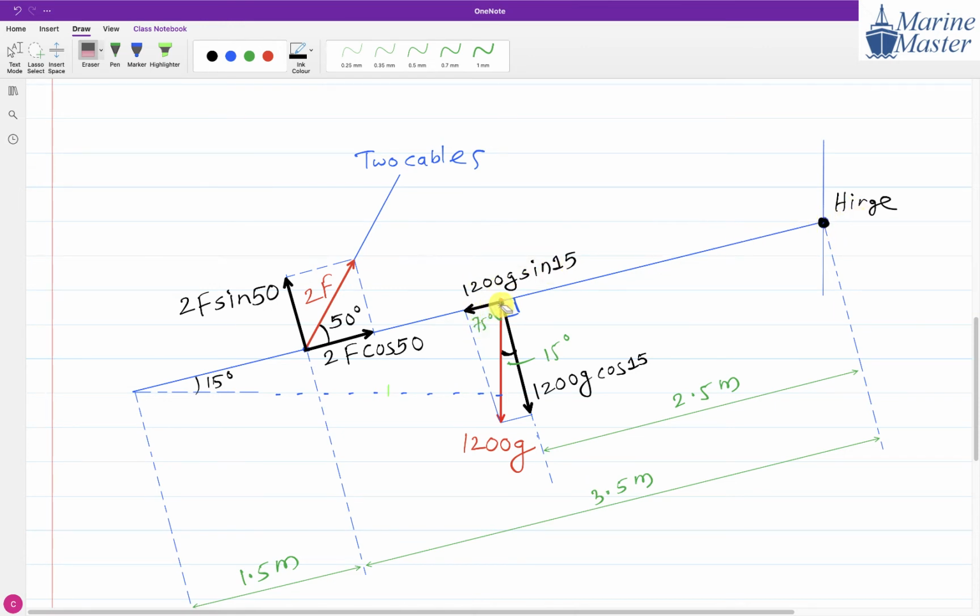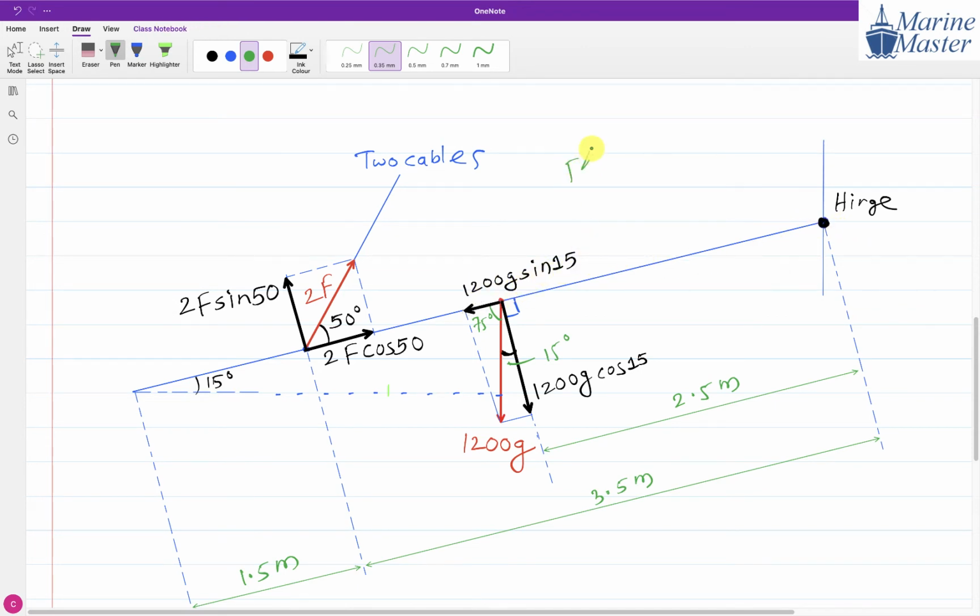It will be 0, sir. Why 0? Because the perpendicular distance is how much? For 1200 G sin 15, it is 0, na? This 1200 G sin 15 is directly going to pass through this hinge. So what is the perpendicular distance? 0.